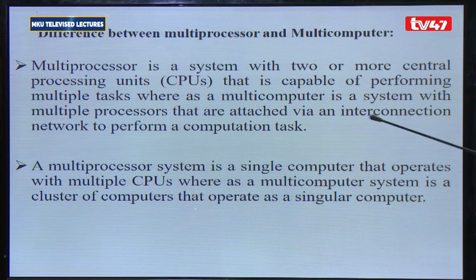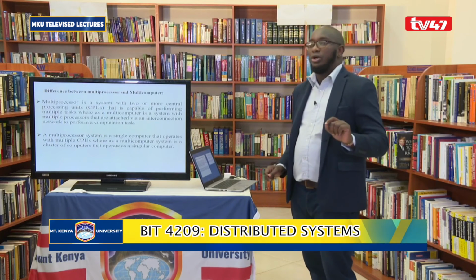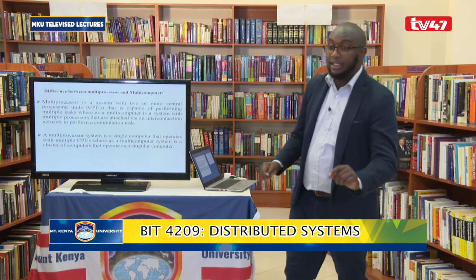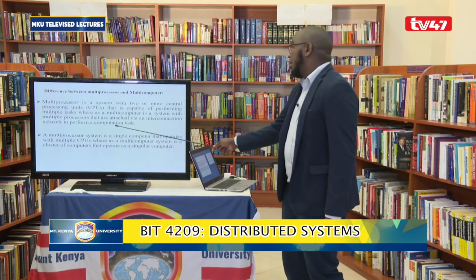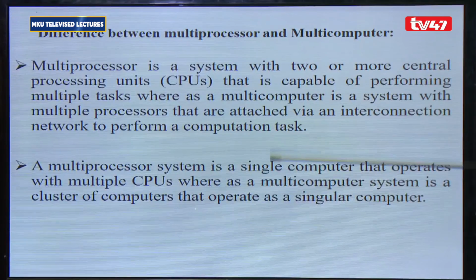Remember, when you talk about a task in a distributed system, we are talking about a specific task, right? All the distributed systems are working together to achieve a certain goal. So the multicomputer is ideal for the computation task we are discussing here.